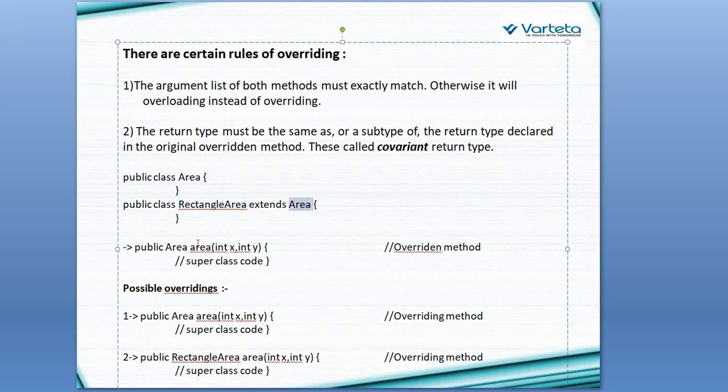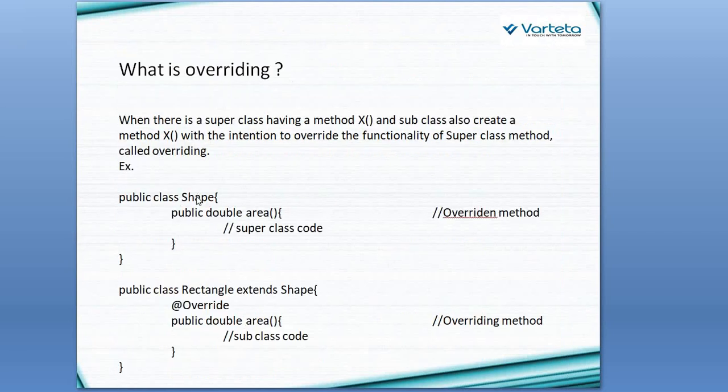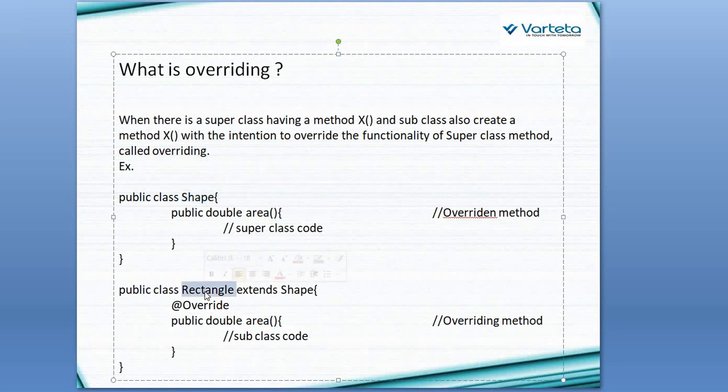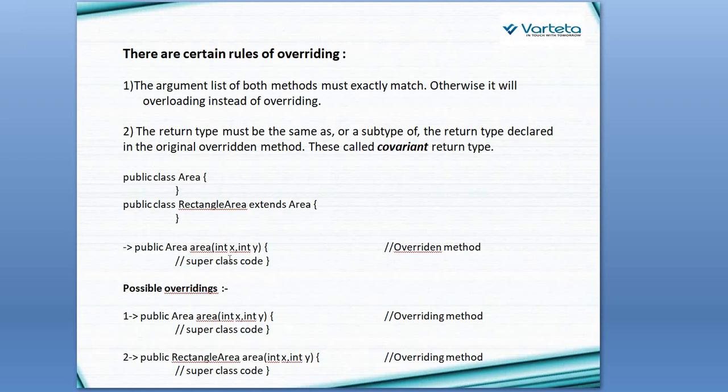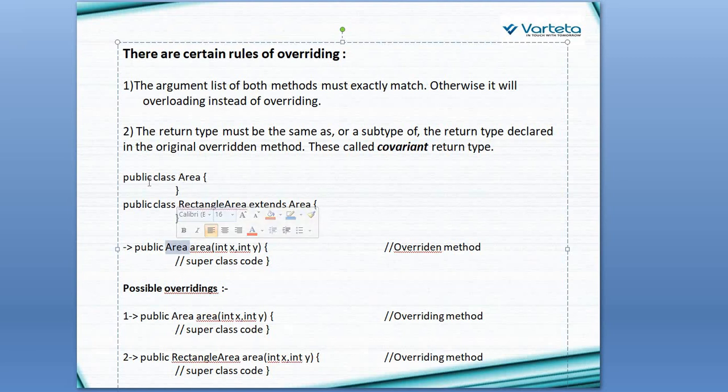In my superclass, like the example in the previous slide, there is class Shape and Rectangle, and there is a method area that we are overriding. So this is the area method that I am going to override. Its return type in the superclass is the Area class that is defined here.